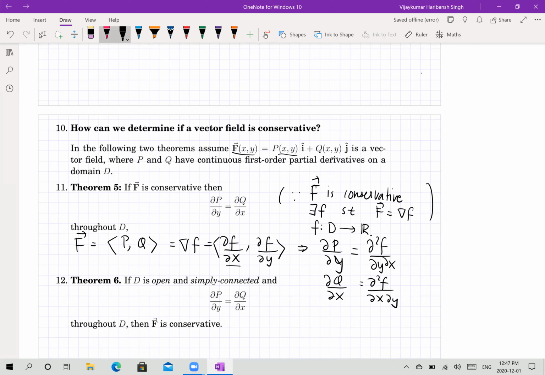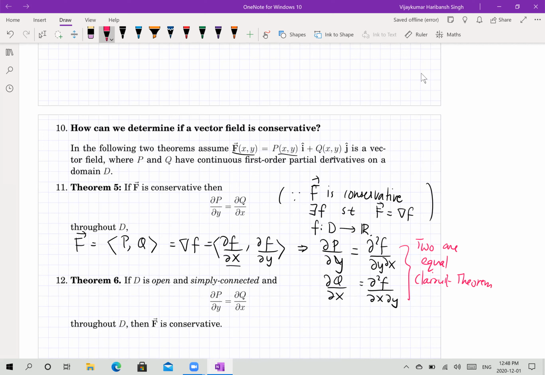And these two are equal because of Clairaut's theorem.